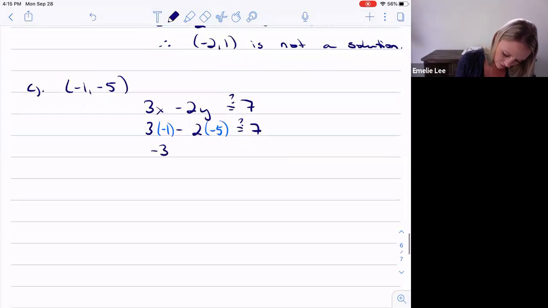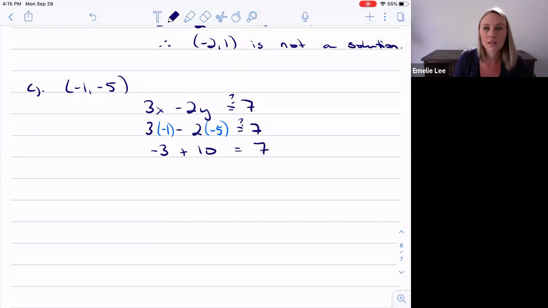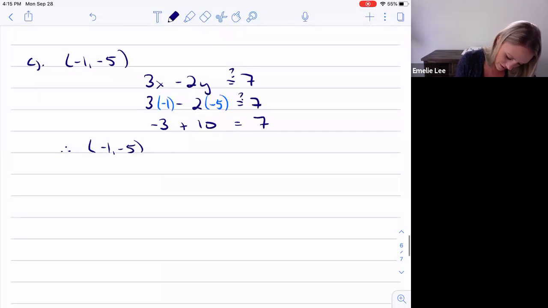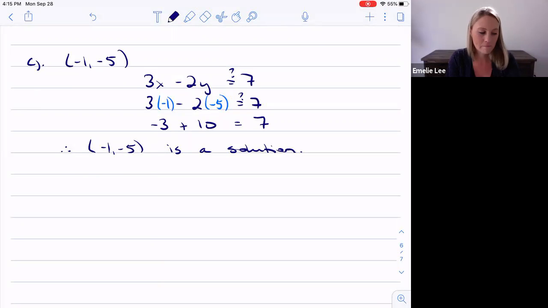So I've got negative 3. Negative 2 times negative 5 puts me at plus 10, which actually does equal 7. Therefore, negative 1, negative 5 is a solution.